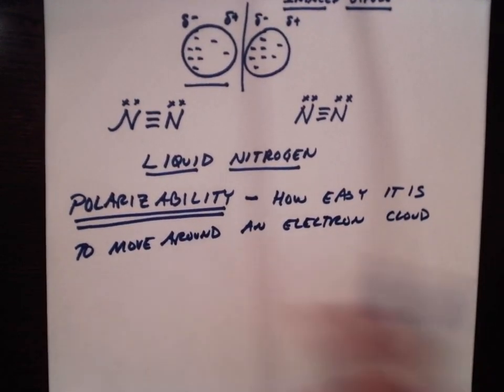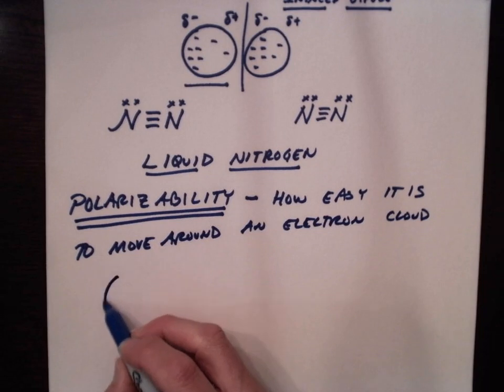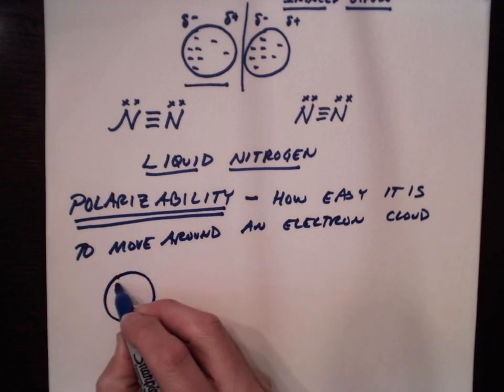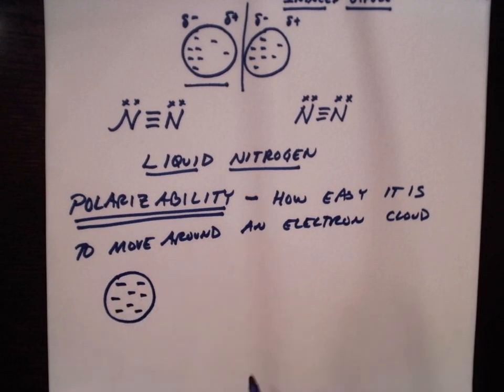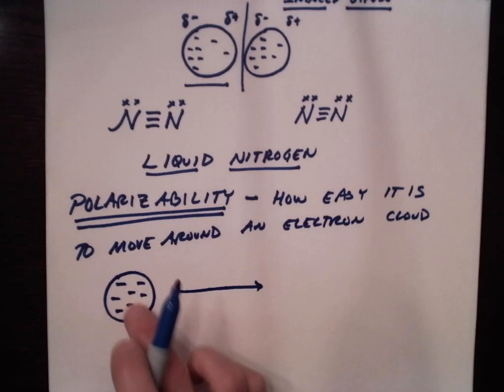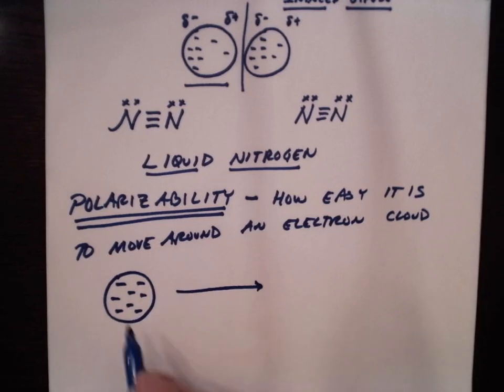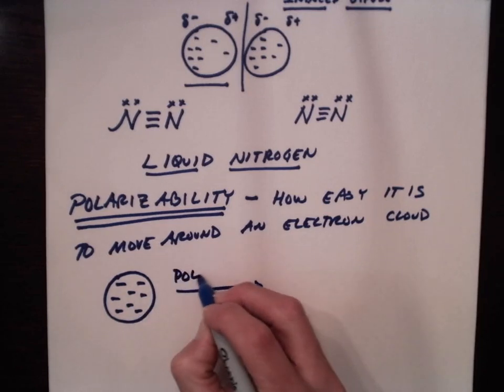So for example, let's say we have our original substance here with our 8 electrons in it. If it's easy to have these electrons move around, we would say it's polarizable.